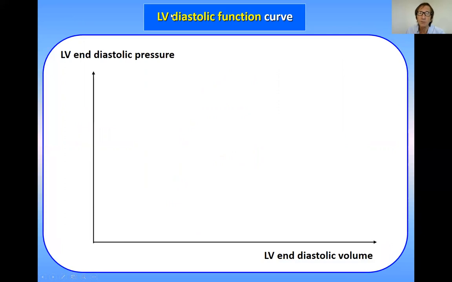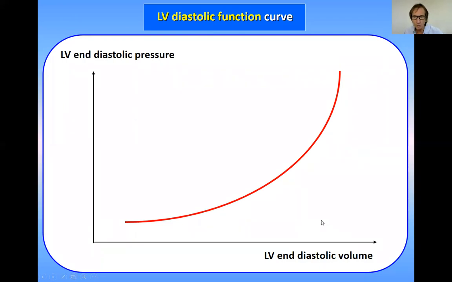And there is also a left ventricular, and also right ventricular, diastolic function curve. This is a relationship between the end-diastolic pressure of the left ventricle and the end-diastolic volume of the left ventricle. You know this curve; it is also a hyperbolic curve, but in the opposite direction.